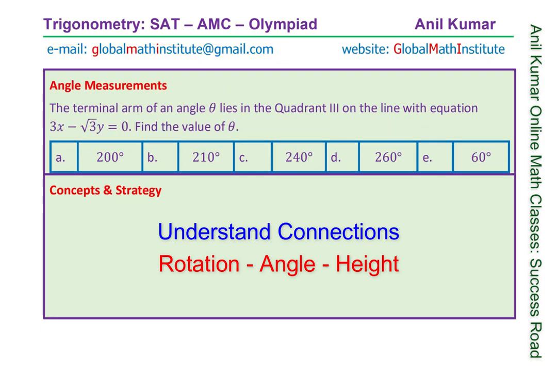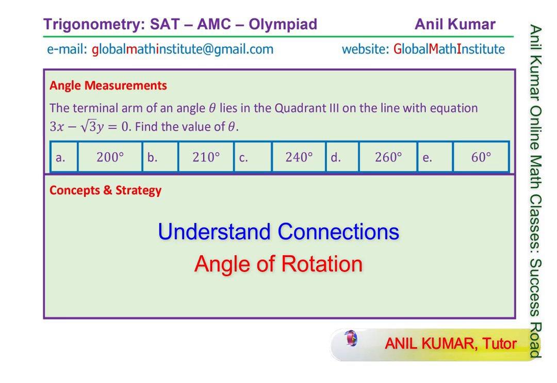So the key is to understand how do we calculate angle when rotation is involved, and therefore I've taken this very simple example to illustrate, and that is how we teach, right? So we build on concepts. Once you understand the concept, it can always be applied.